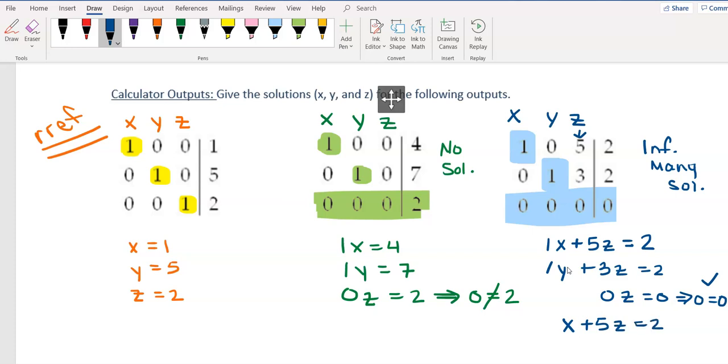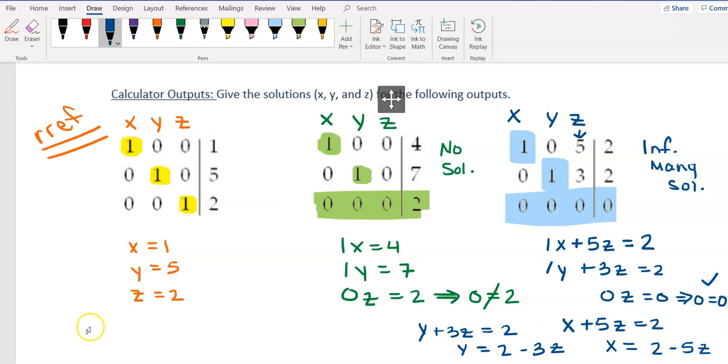So I would subtract over the 5z, and I'd get x is equal to 2 minus 5z. And for the y, I would have y plus 3z is equal to 2. So I would subtract over the y, and I get that y is equal to 2 minus 3z.